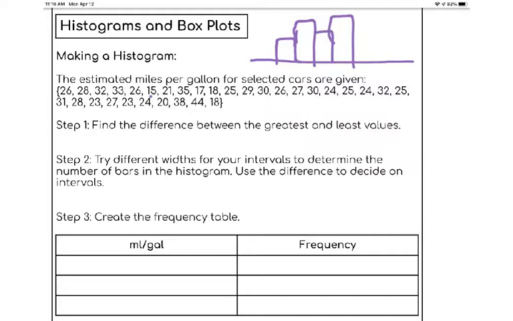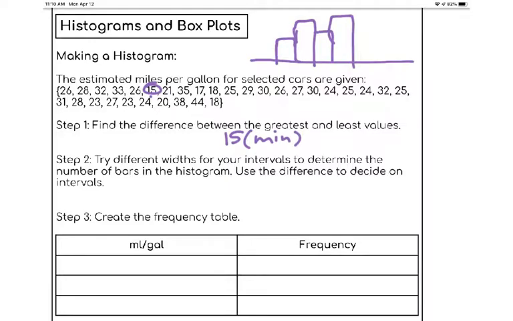So we're going to look at a large set of data, and we're going to determine how we want our histogram to look. So step one, we need to find the difference between the greatest and least values. Looking at this data set, I already see that 15 seems to be my lowest value. So this is my minimum.